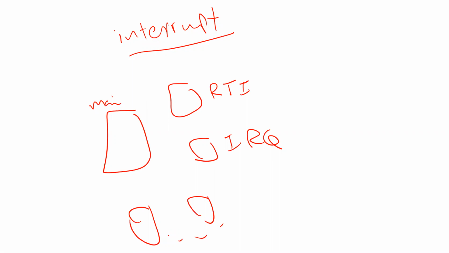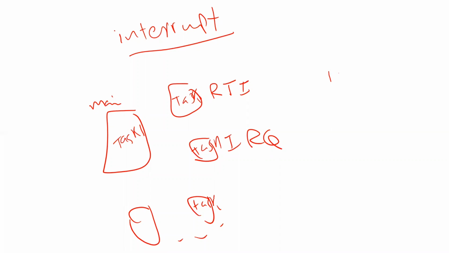Now, because of interrupts, I can run multiple tasks at the same time, okay? For example, if your program has several tasks, I can put one task here in the main program, another task here, another task here, and so on, right? You are going to feel like you are running all the tasks at the same time, but that's not true.